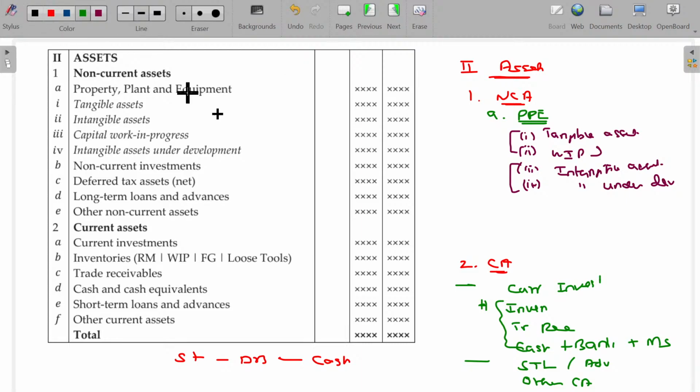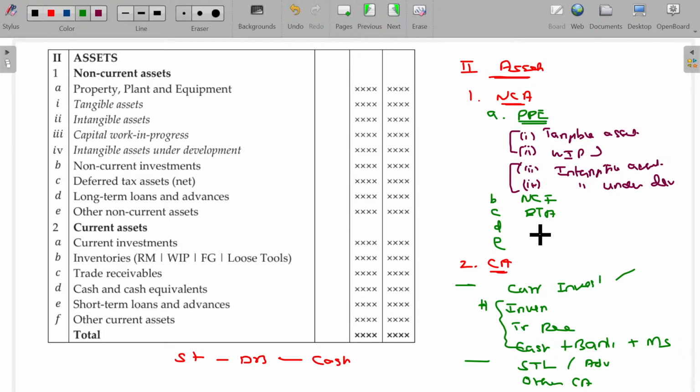And thereafter, B, C, D, E. Four more items. Here non-current investment, similar to current investment. Deferred tax asset. In liabilities we have seen deferred tax liabilities; here we are going to study deferred tax asset.